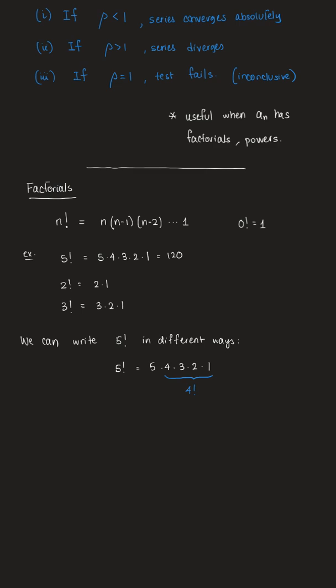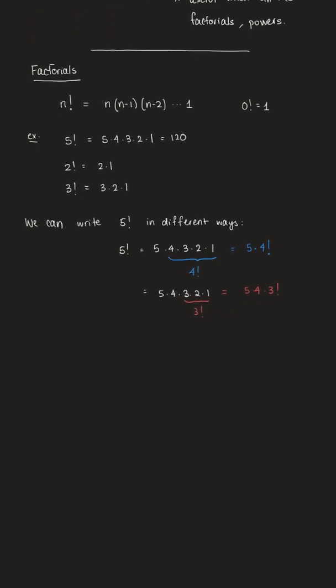So another way of writing 5 factorial is 5 times 4 factorial. Or, since 3 times 2 times 1 is 3 factorial, we could write 5 factorial as 5 times 4 times 3 factorial.